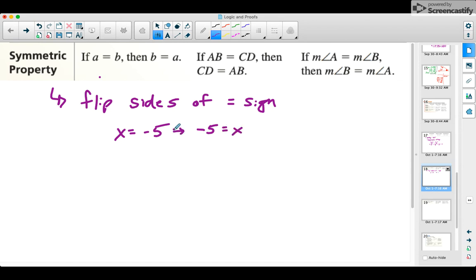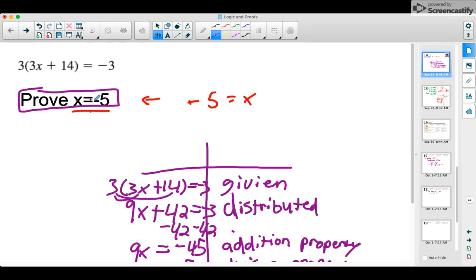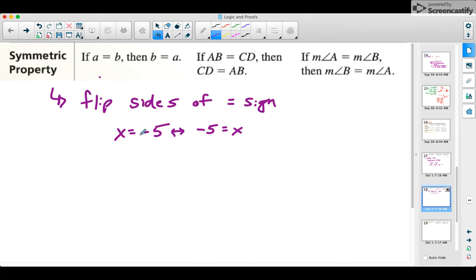They're interchangeable. But you do need a property in order to say that. Because again, if it doesn't exactly match what is said here, then you're not done yet. So this here would be backwards, and we would need to use the symmetric property to make it the right way in order to be completely done with our proof. So flipping sides of the equal sign doesn't change anything. That's all that property says.